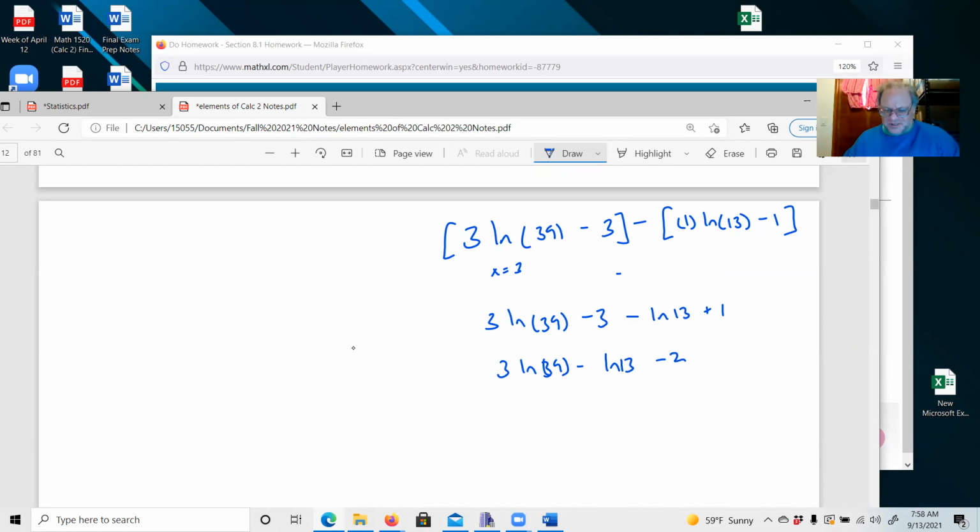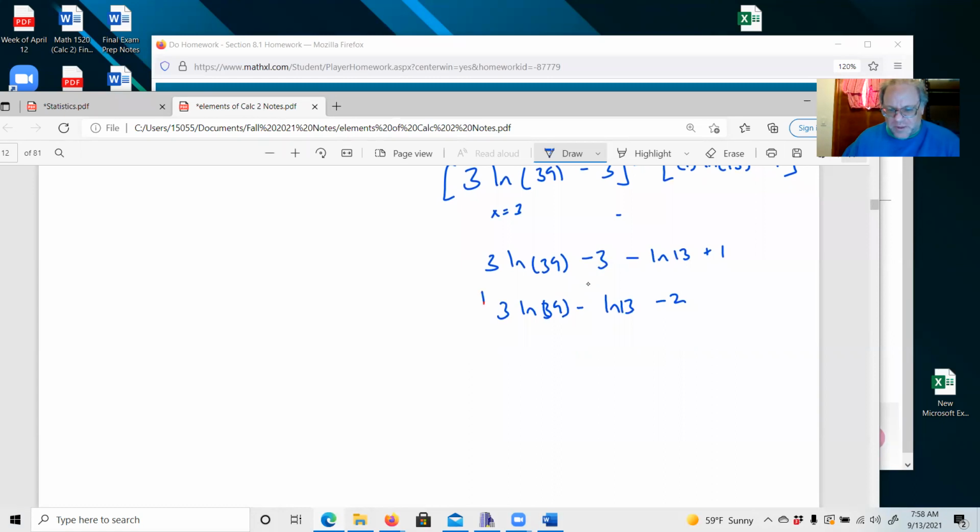There's probably some stuff we could simplify even more here, but I think this is the answer they're looking for. Let me show you what could happen. This is the kind of stuff they used to put in our calc book. The answers used to be in the back rather than just check answer.